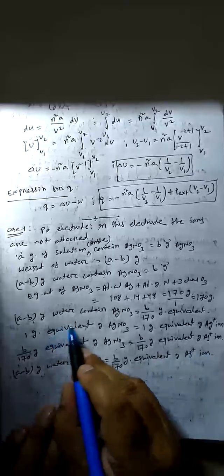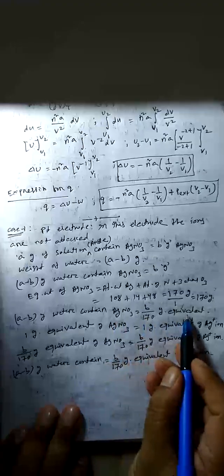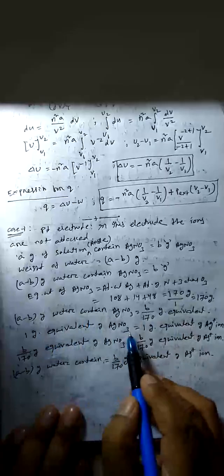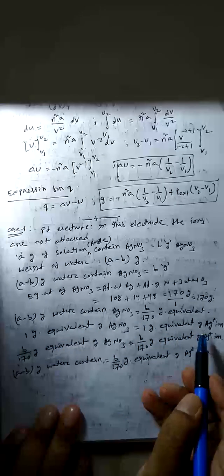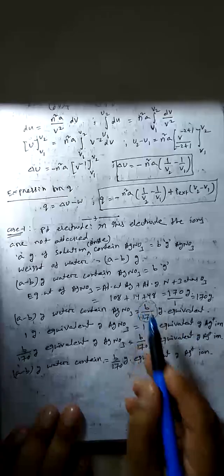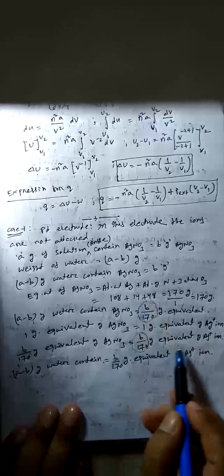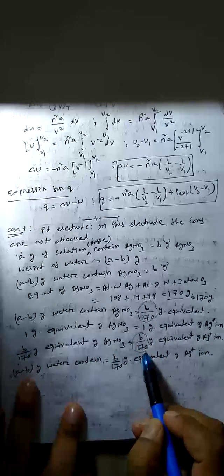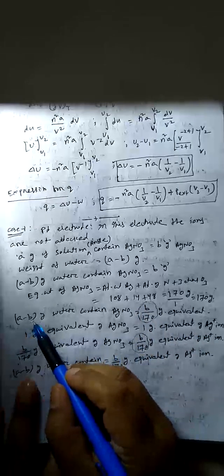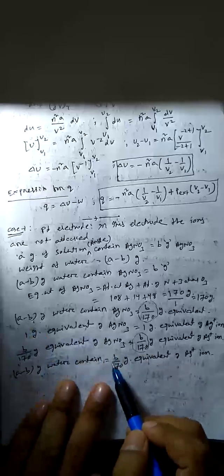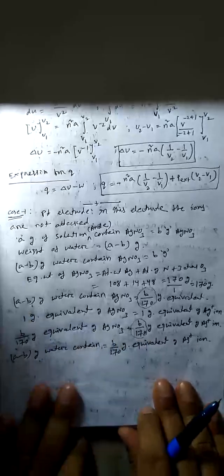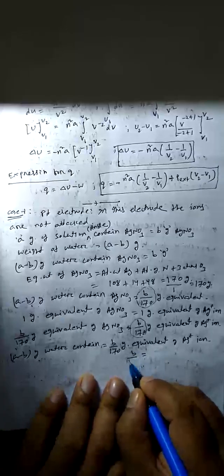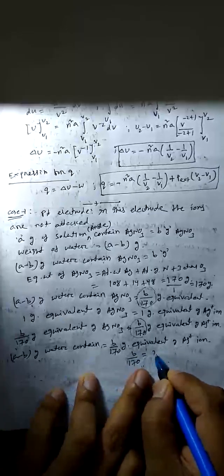That means A minus B gram of water contains that gram equivalent of silver nitrate, since 1 gram equivalent of silver nitrate contains 1 gram equivalent of silver ion. So A minus B gram of water contains B by 170 gram equivalent of silver nitrate.